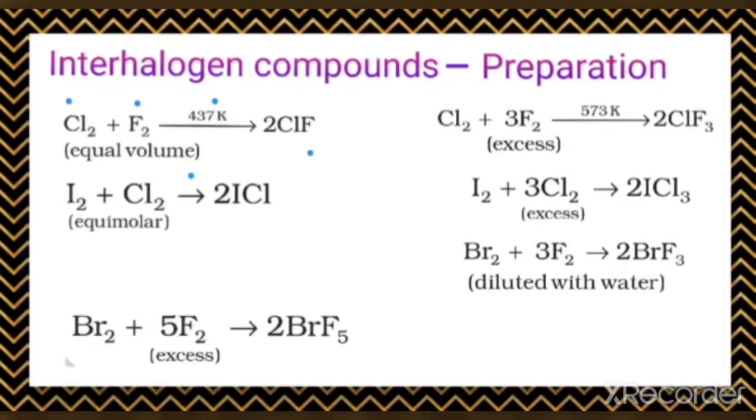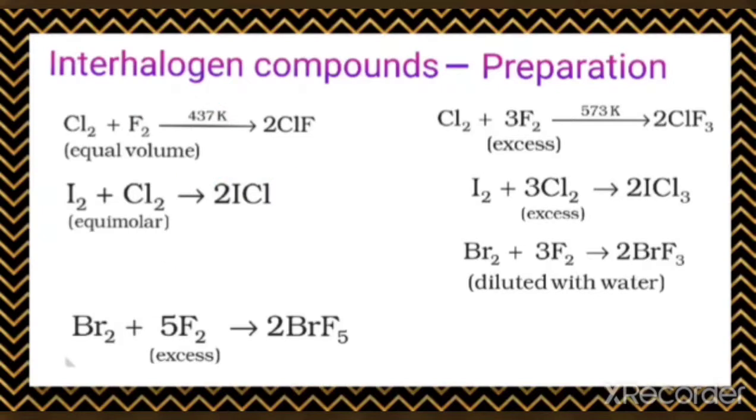It is chlorine fluoride. Similarly, when equal volumes of I2 and Cl2 are taken, it gives the product ICl, called iodine chloride. That is the interhalogen compound between iodine and chlorine. In this, I gets a positive oxidation state, Cl gets a negative oxidation state. That is a +1 oxidation state for I and a minus oxidation state for Cl.